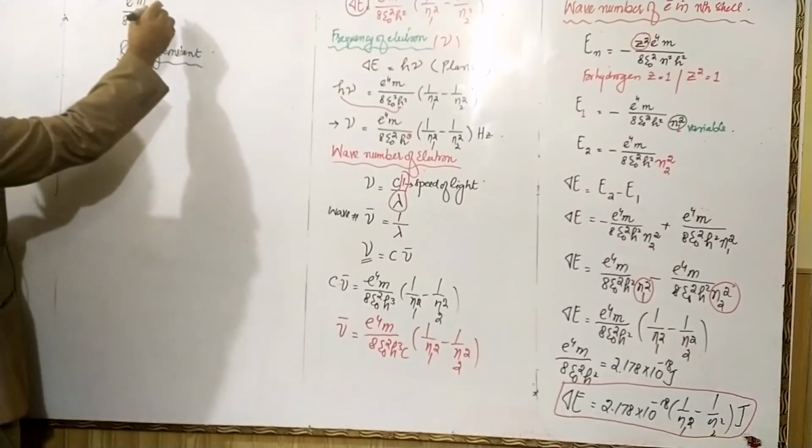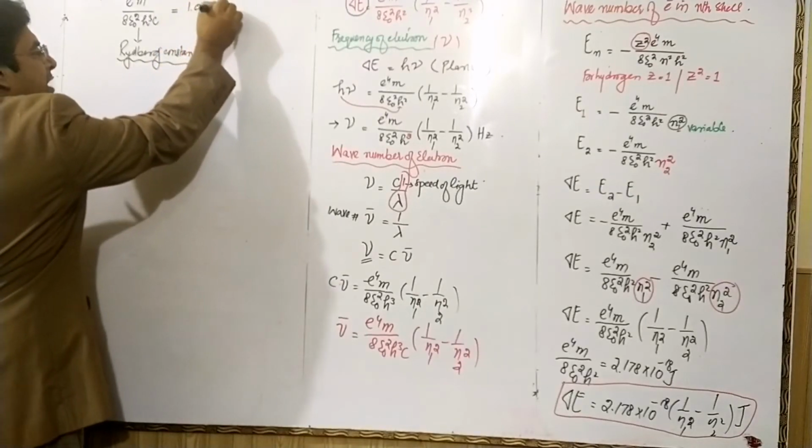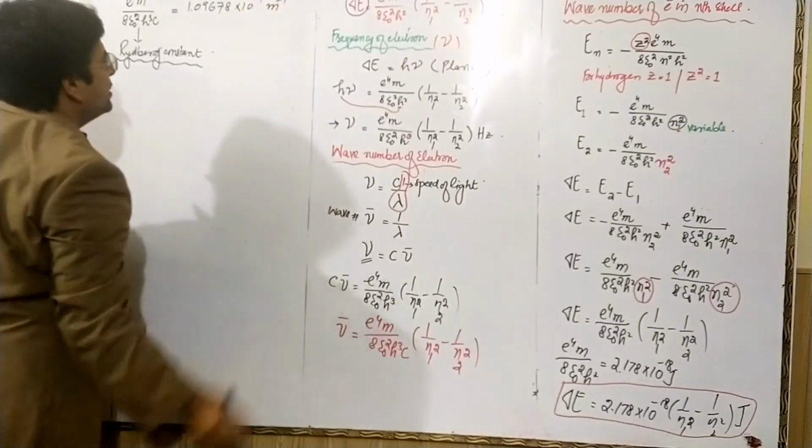Putting the value of all these constants, its answer is 1.09678 into 10 raised to 7 per meter.